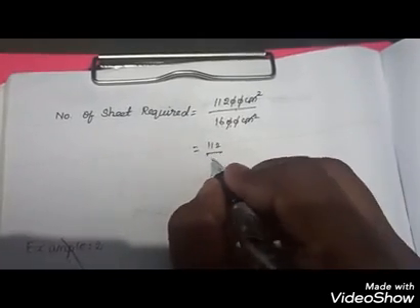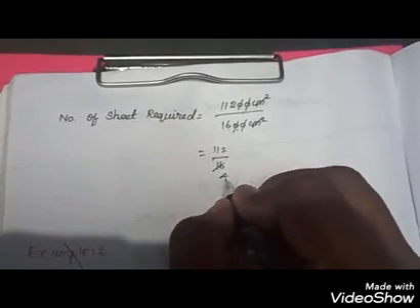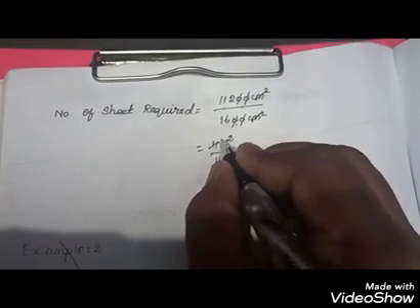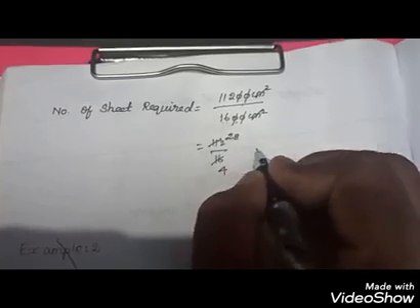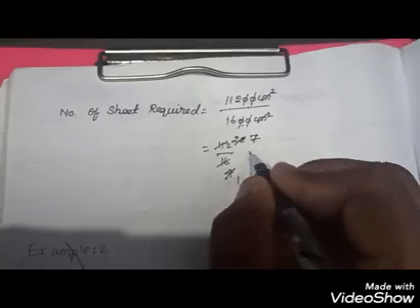We get 112 divided by 16. It is divisible by 4. So 4 4s are 16, 1 4 is 4, 2 4s are 8, remaining 3, 8 4s are 32. Again we simplify it. 1 4 is 4, 7 4s are 28.